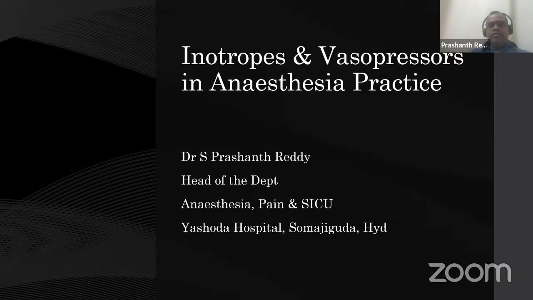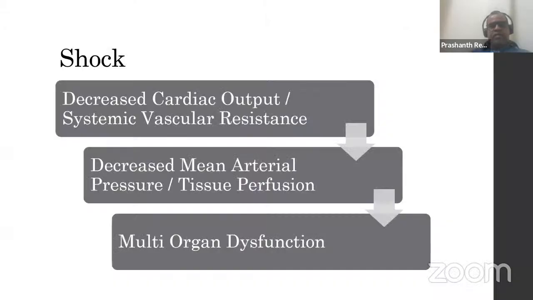So, not wasting much time, I'll be discussing inotropes and vasopressors in anesthesia practice. These drugs we will be using in severe hypotension, which is impending to go into shock. The hallmark of shock is that there is no tissue perfusion and oxygen delivery is hampered.